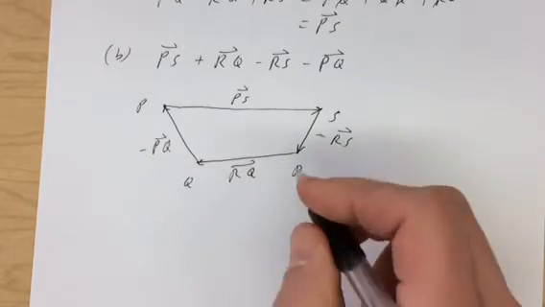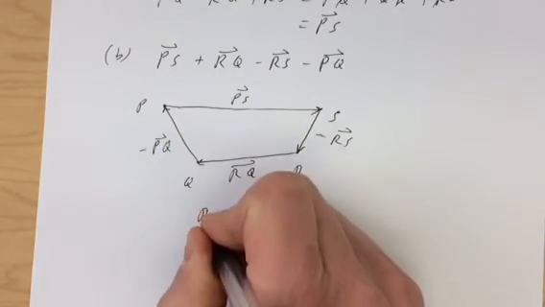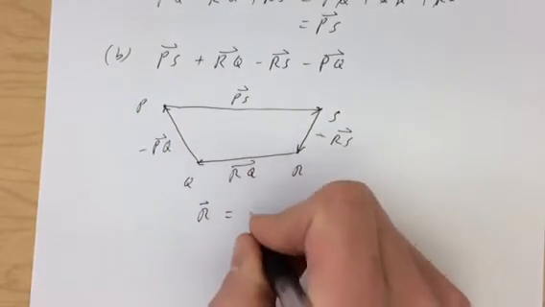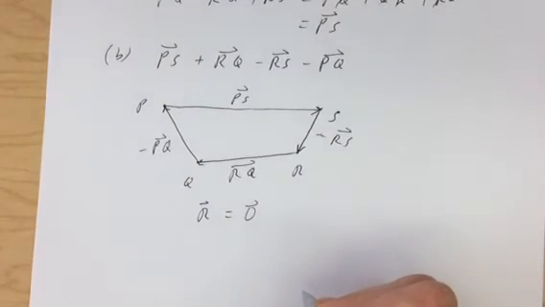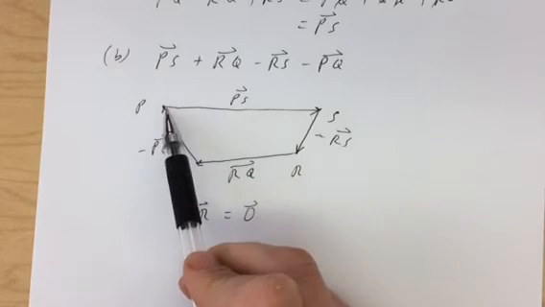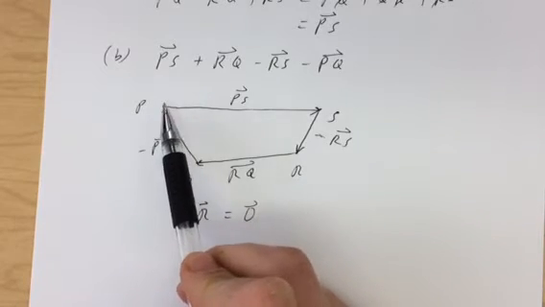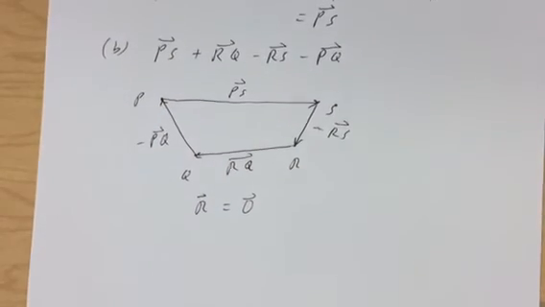So this ends up being the resultant in this one. The resultant equals the 0 vector. Okay, because you don't move anywhere as a result. You end up back in the same spot.